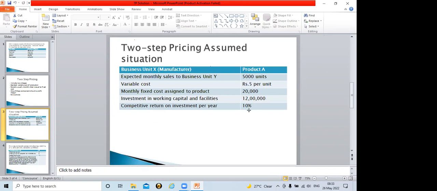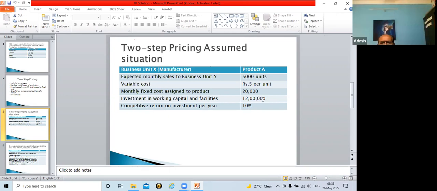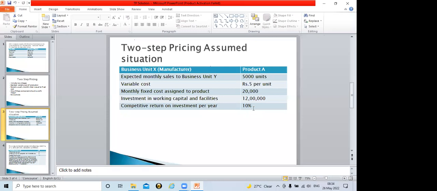Now we have to calculate 10% on 12 lakh. Calculate 10% on 12 lakh rupees. So it is 1,20,000.